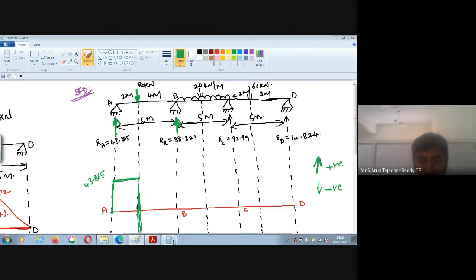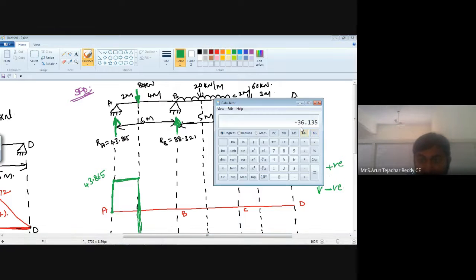So whatever the value we have, minus 36.135, just now I said it is plus, so plus 88.321 equal to, and also we got positive value 52.186.